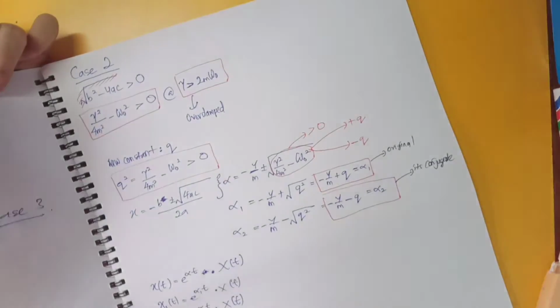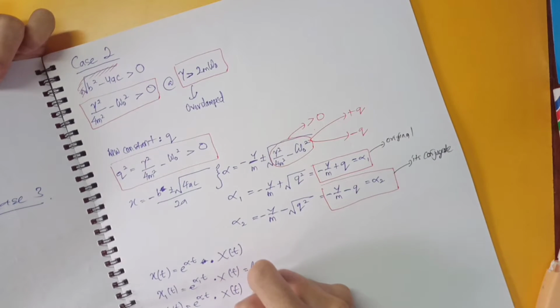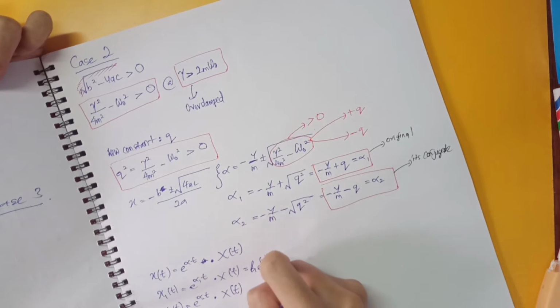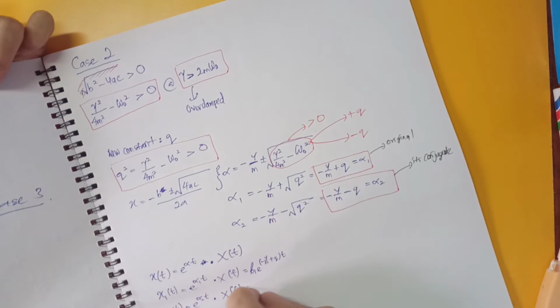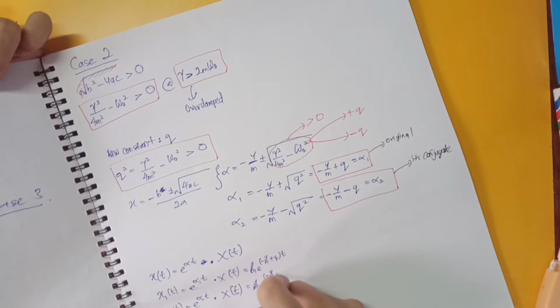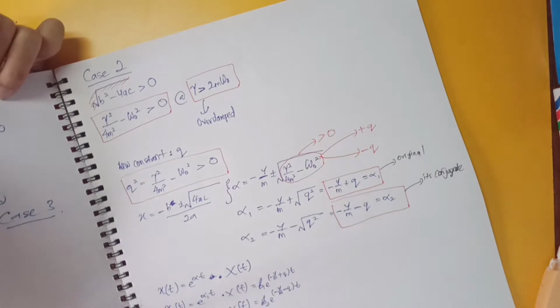So let's look back here and write it back. This one is equal to b1 exponential power of negative gamma over m plus q times t, and here is beta 2 exponential power of negative gamma over m minus q times with the t.